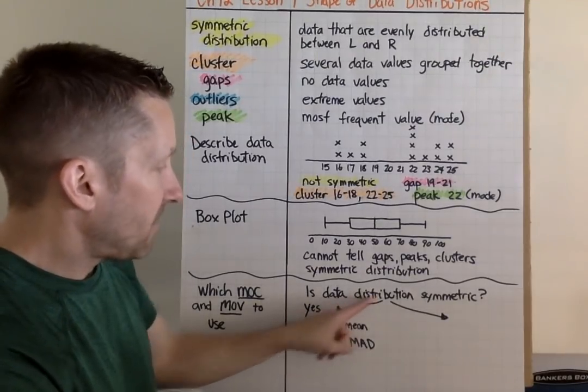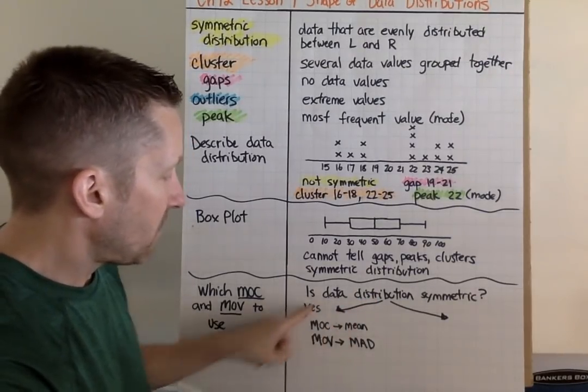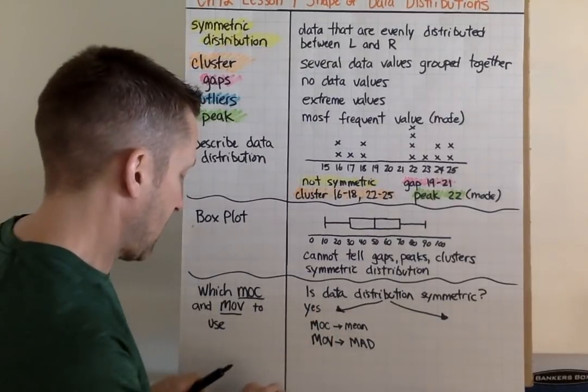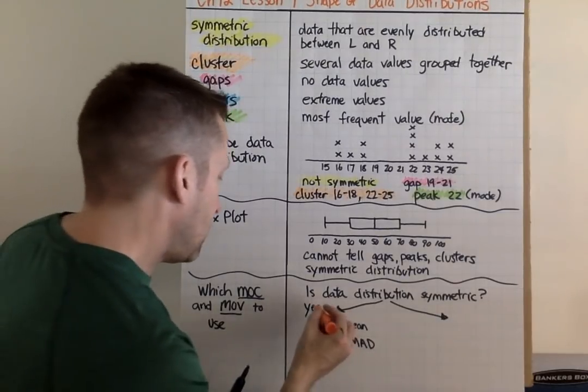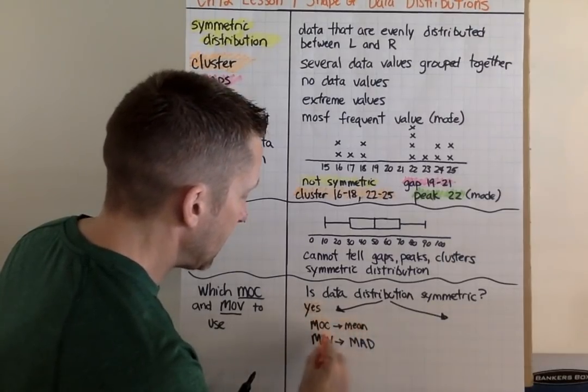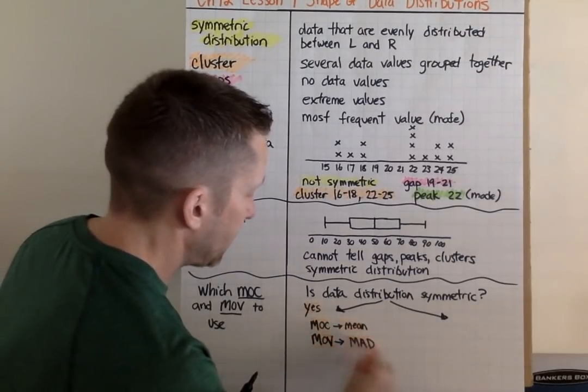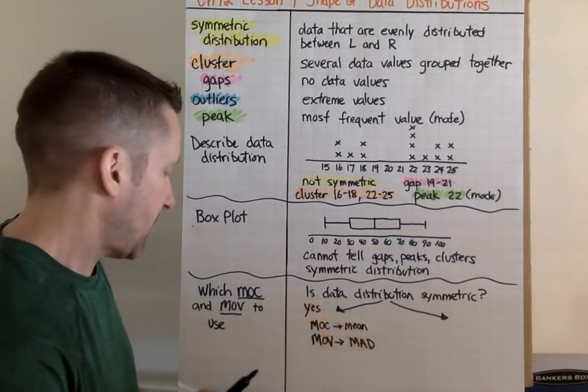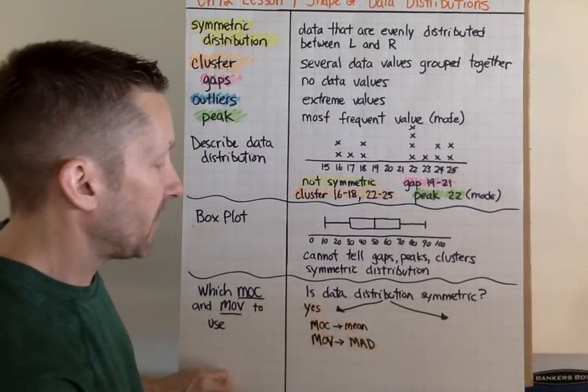So if your data distribution is symmetric, this is what you should choose right here. So if yes, you're going to want to pick the mean for the measure of center and the mean absolute deviation for your measure of variability.